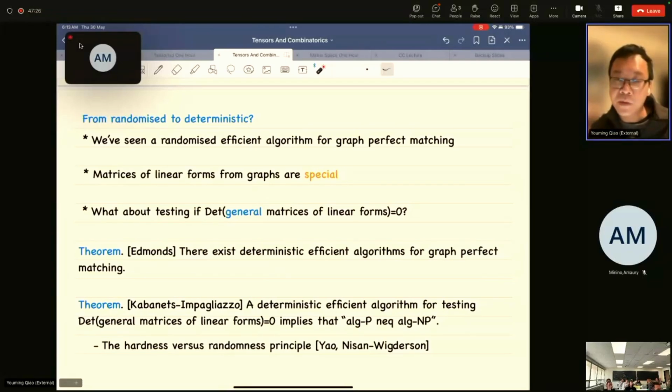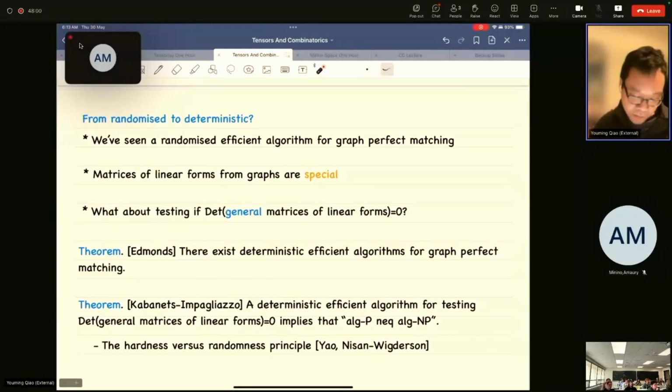P versus NP is one of the very fundamental open problems in theoretical computer science and mathematics. And in order to achieve that, all you need to do is to devise a deterministic efficient algorithm to test whether the determinant of general matrices of linear forms is identically zero. So I hope that you can keep this problem in mind and think about it from time to time.